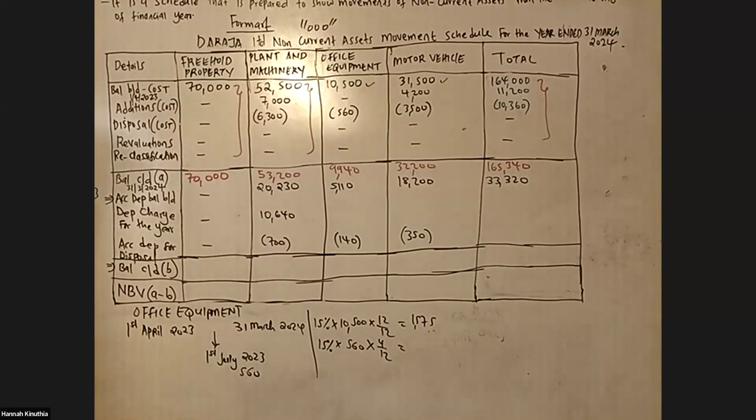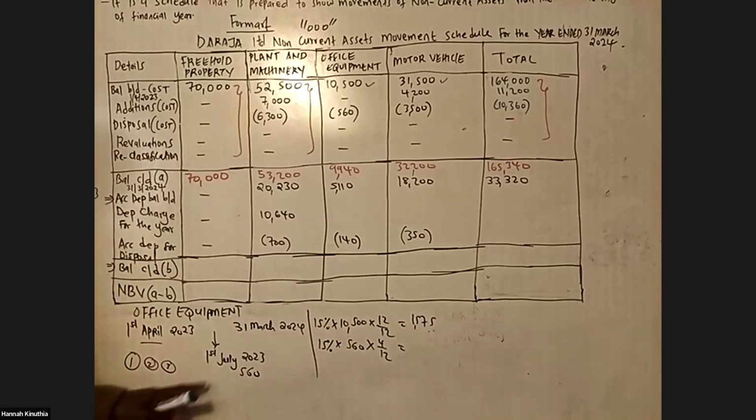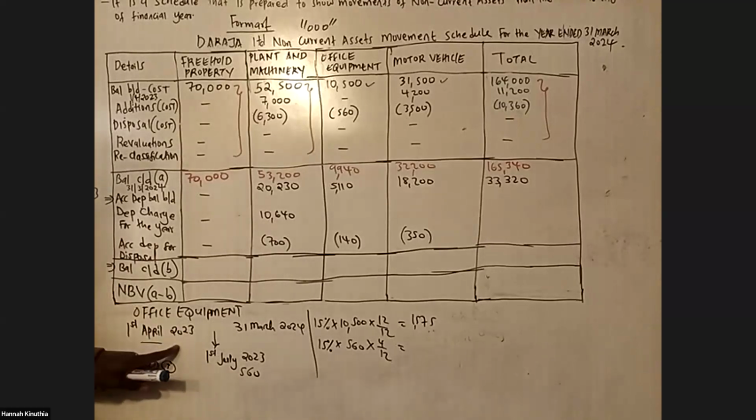Yes, the 3 months. Ona April yenyewe, so we have April, May and June. Kwa sababu July haikutumika. July ndio inaanza mwezi, waliuza 1st July.